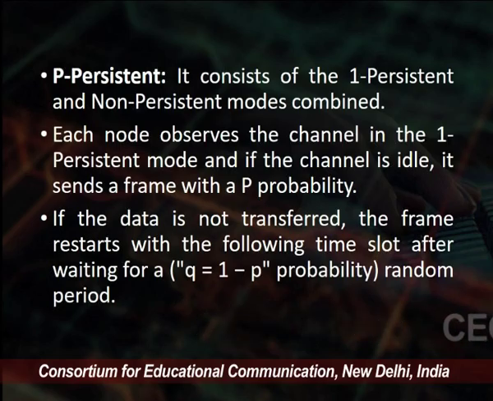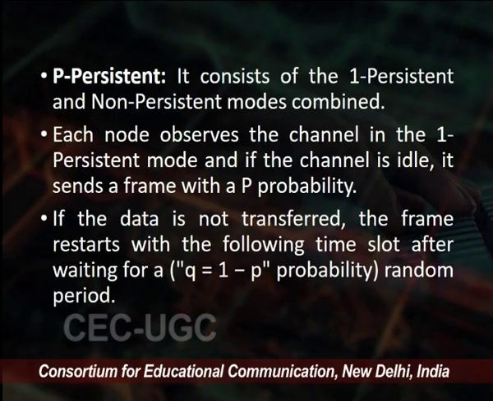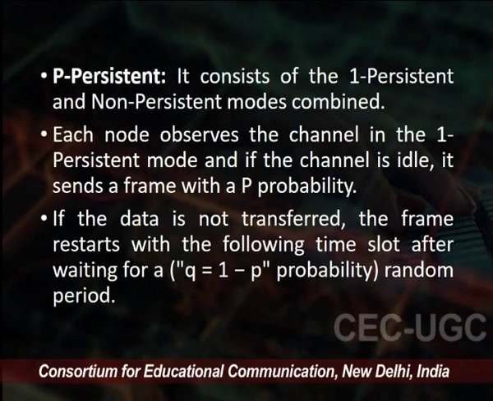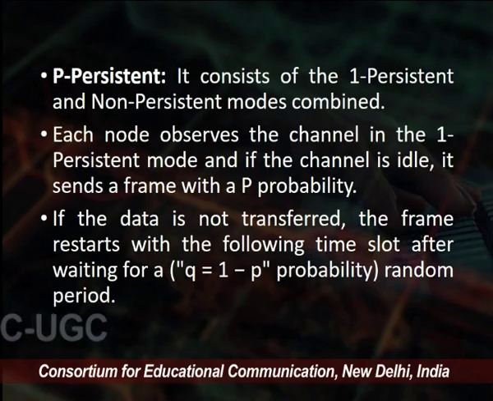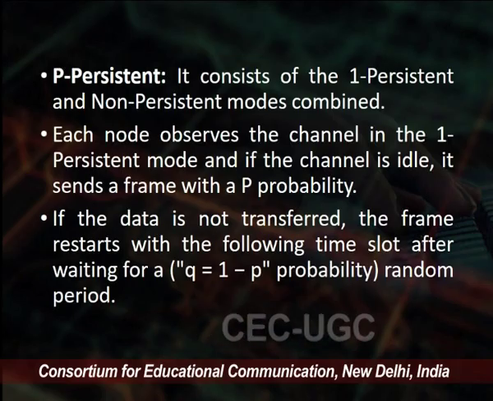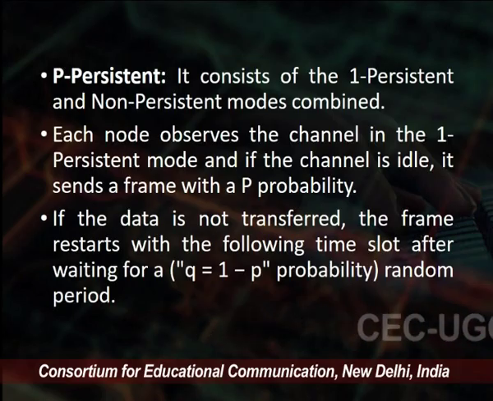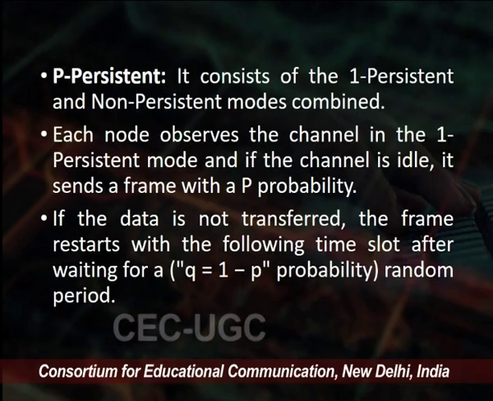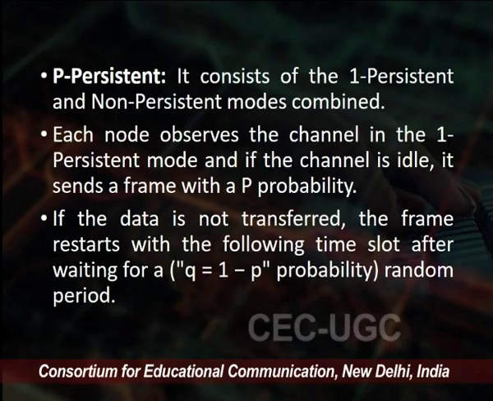So, each node observes the channel. The observation of the channel is done in one persistent mode. If it is idle, the frames are sent right away, but with a probability p. If the data is not transferred, the other part of the probability is 1 minus p, and then the frame restarts with the following time slots after waiting for q equal to 1 minus p probability, which is a random period.